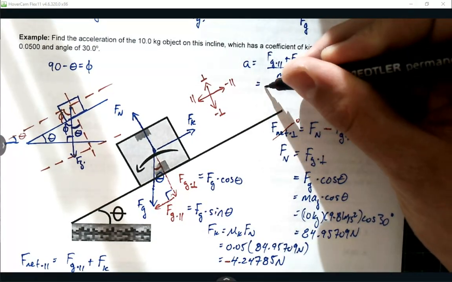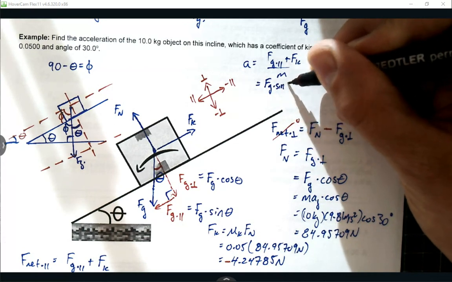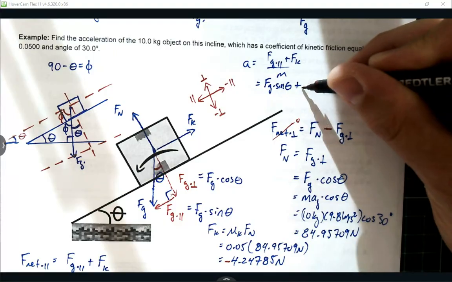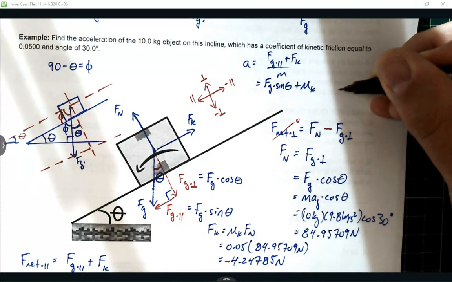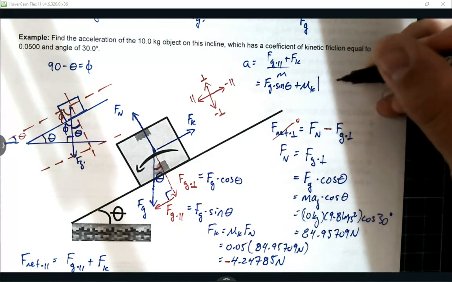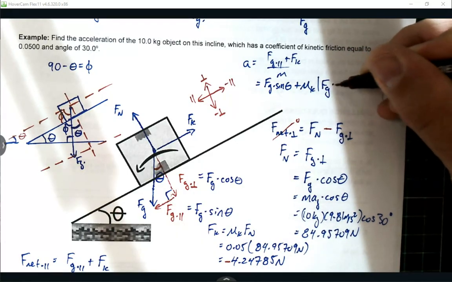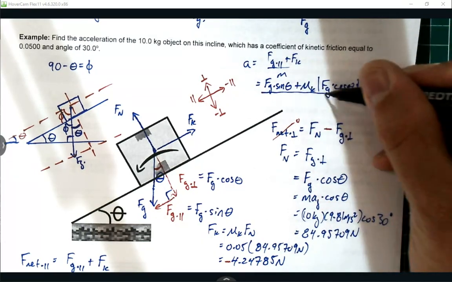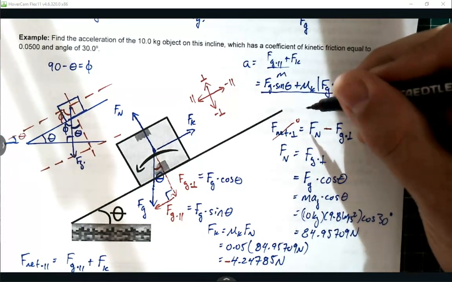Yeah, F g parallel was F g times sine theta plus F k would have been expanded out to be mu k. Now I could say times F normal, but remember F normal was equal to the magnitude of F g perpendicular, so F g times cosine of theta. And all of that divided by the mass.